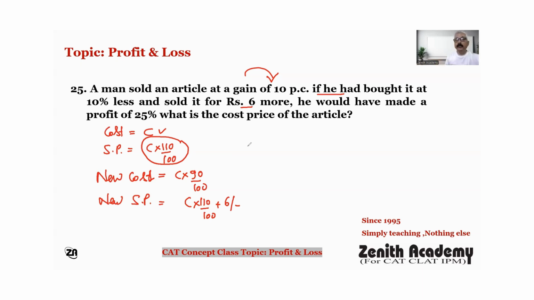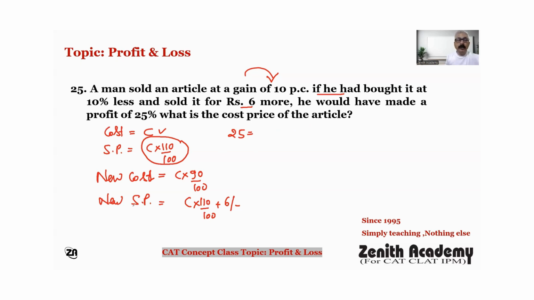So what is the cost price? You know, gain percentage is gain upon cost into 100. This formula, you know. So look here. Here gain is given 25. Gain is 25%.